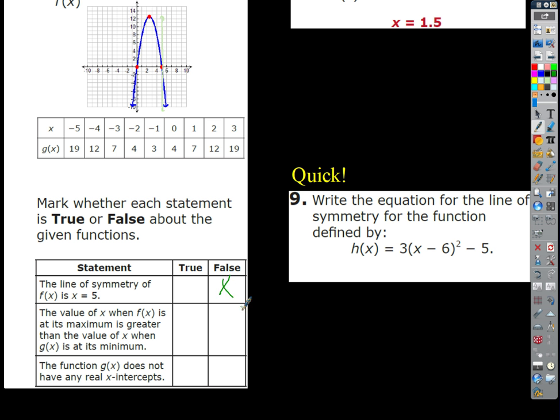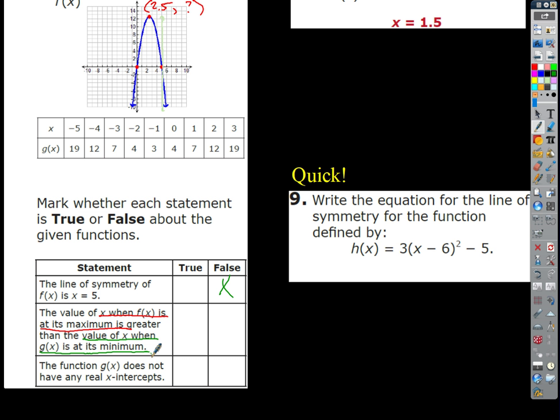Is the value of x where f of x is at its maximum greater than the value of x where g of x is at its minimum? Well, what is the x-coordinate up there? You can't see it, but it's like 2.5. We don't even care about the y-coordinate.